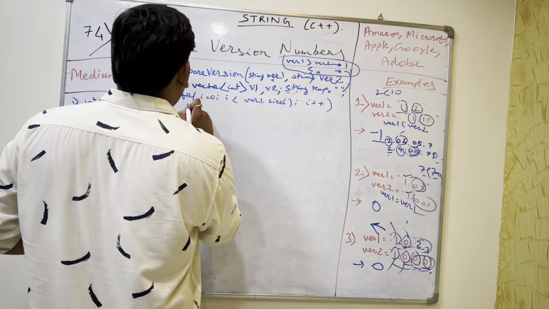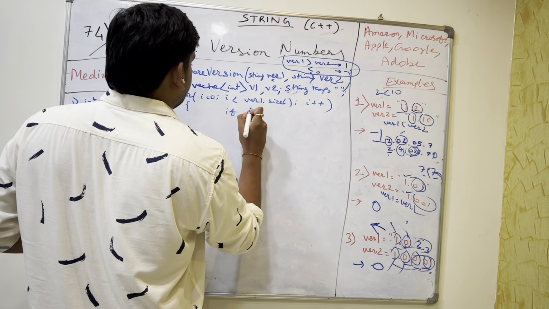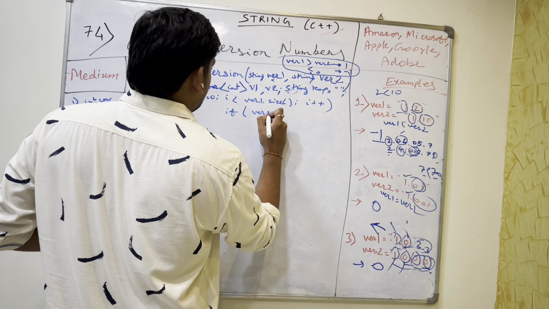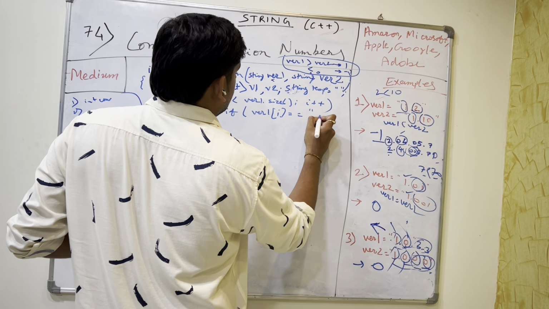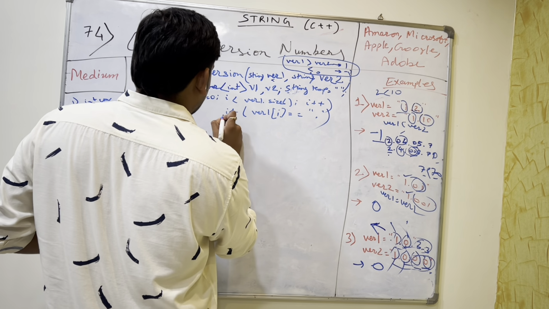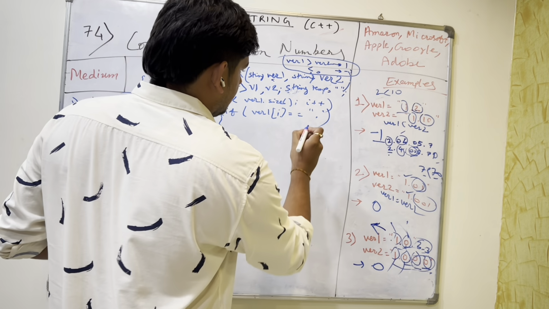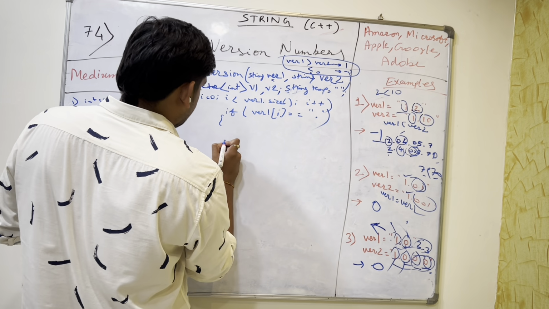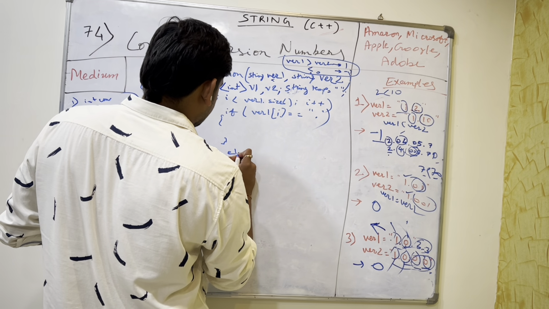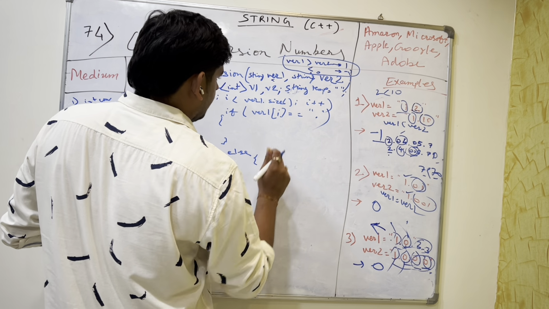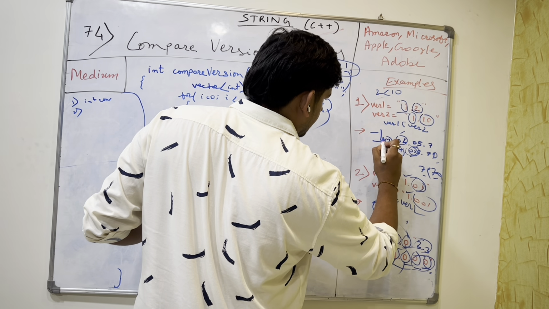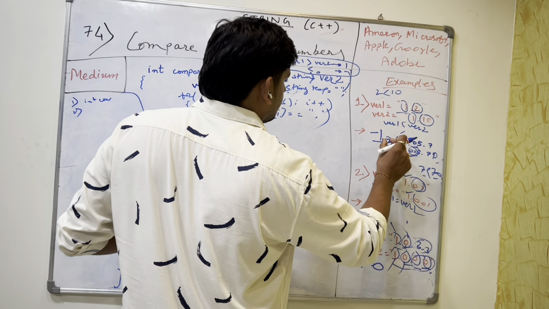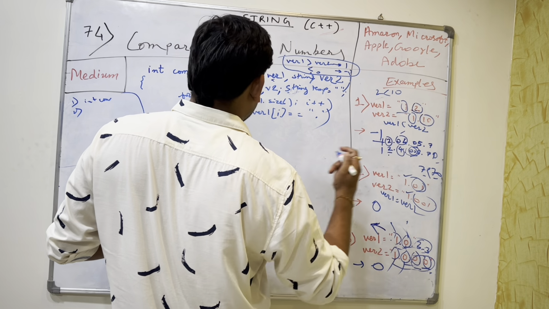Okay, now here if ver1[i] is equal to a dot, that would be one thing. Otherwise, if it is not equal to dot, else if it is not equal to dot, like say this is 12, so this is not equal to dot, 1 2, so these are together, right?